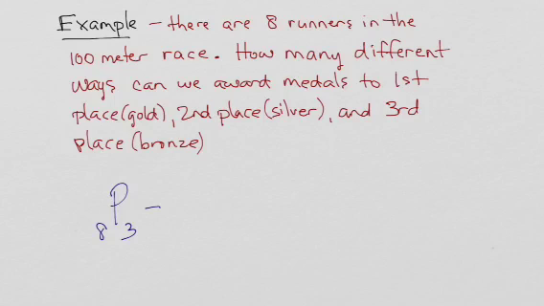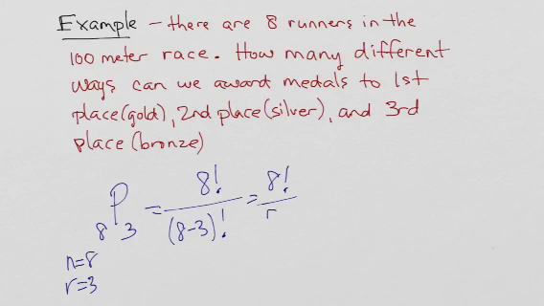The rule says we're going to do n factorial in the numerator, where n is 8 and r is 3. And in the denominator, it's n minus r factorial. So essentially 8 factorial over 5 factorial.